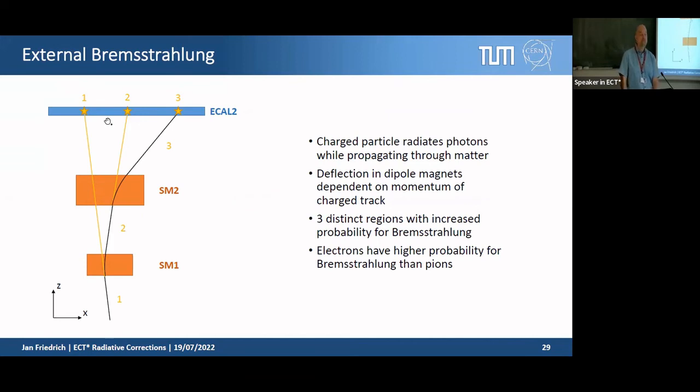So if you ask for the total energy in the calorimeter, then you find, in fact, the energy of the original electron. But what one does normally is to look at the cluster that is associated with the track and looks whether this energy matches the energy of the track.